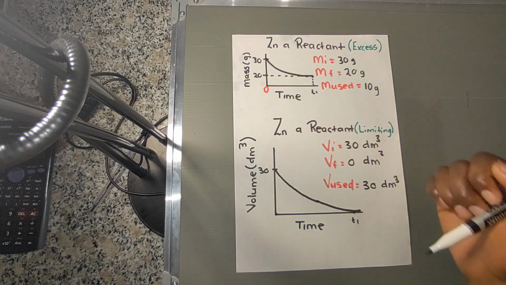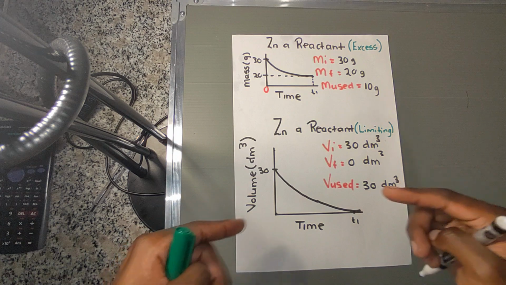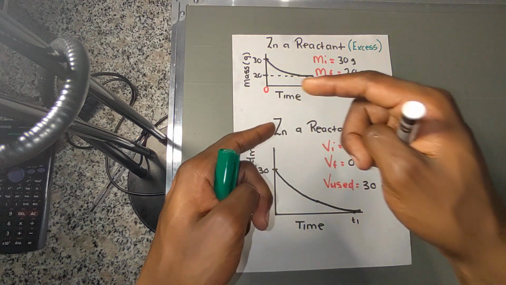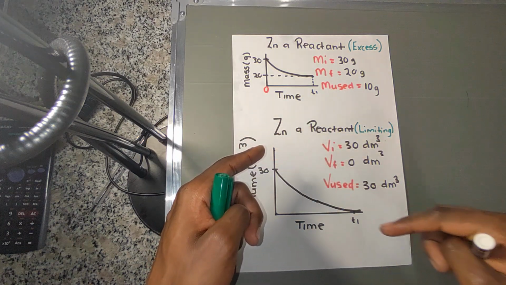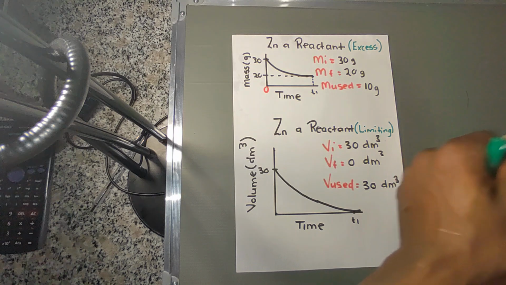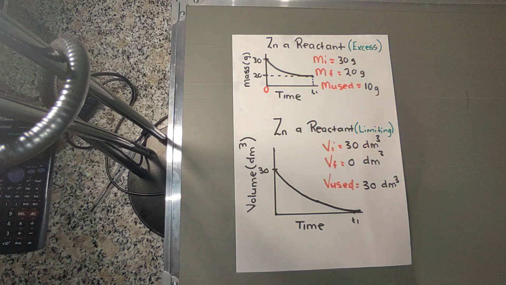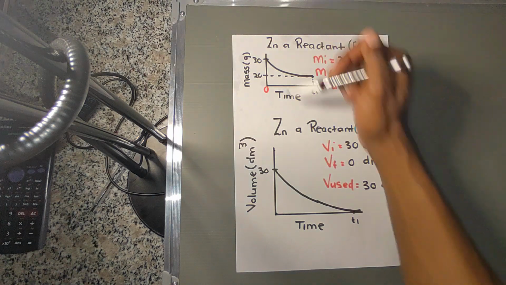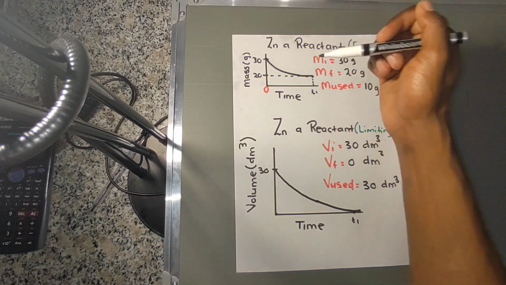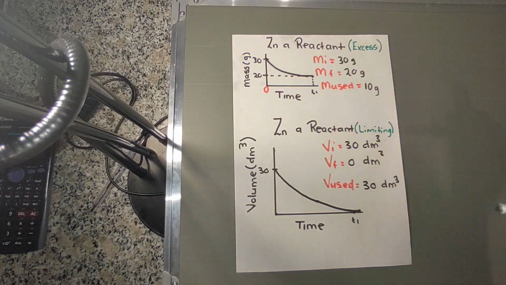Why is that the case? It's because in a chemical reaction, our reactants are being used up. So the amount of reactants in a chemical reaction will always decrease because we're using these reactants to produce our products. Now, how do you know from this graphical representation that the reactant is in excess or it is a limiting reagent?